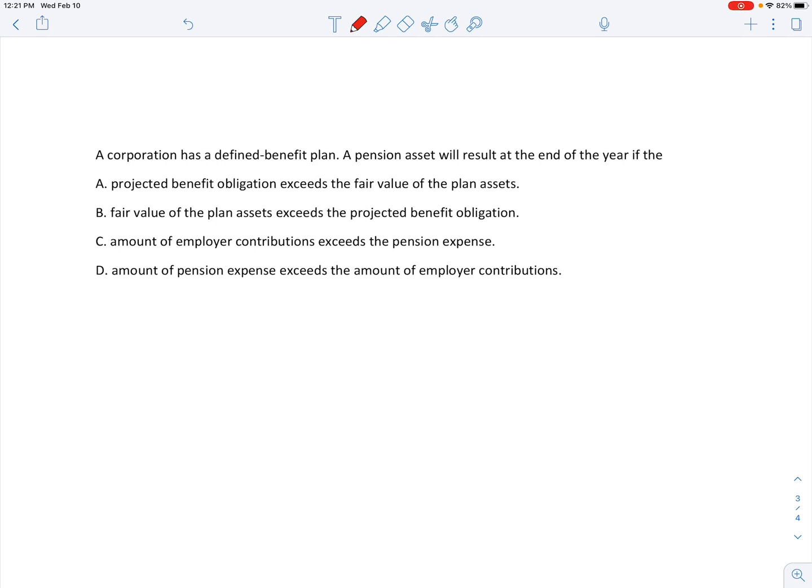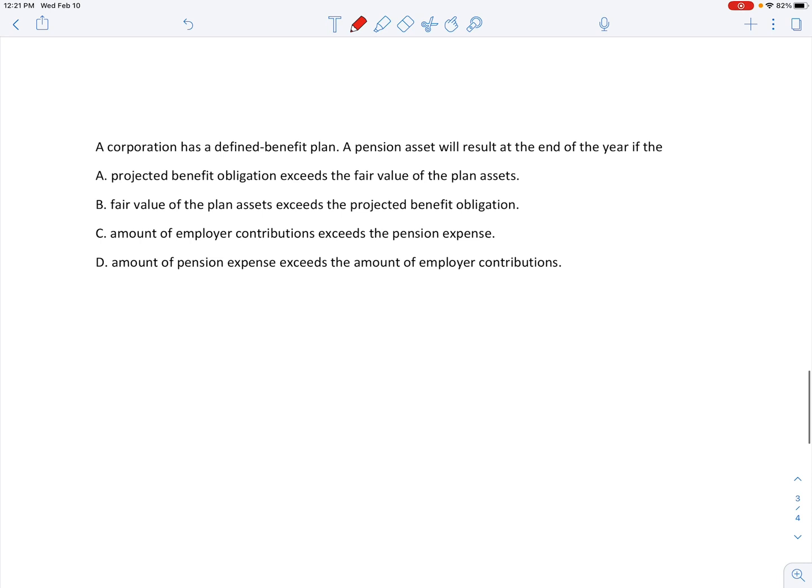So again, I know that based on the problem I just did, and you can do this on your exam, if you know you got one right, you can always look back to some of those questions because they might help you on other questions. This is an example of that. I know that I'm comparing the fair value of my plan assets to my projected benefit obligation.